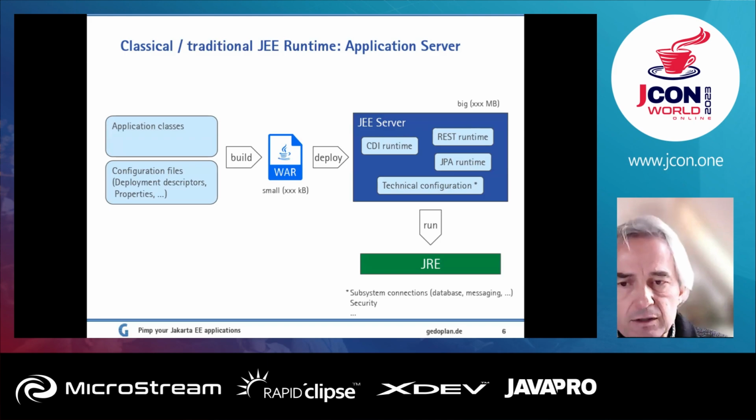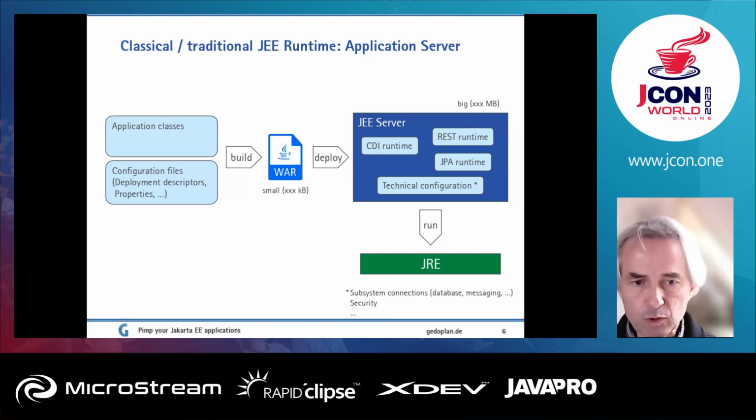transitional runtimes that we have. When J2EE was born, and the same holds true for Jakarta EE or Java EE in between, your project produced normally a small deployment artifact, like a WAR file.